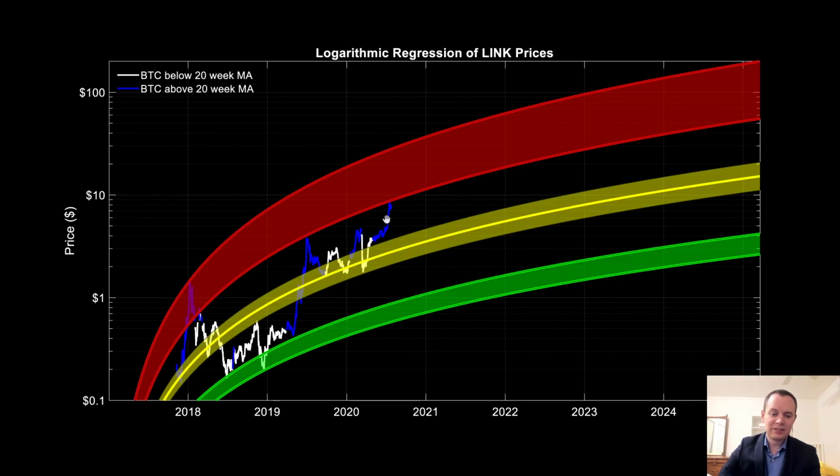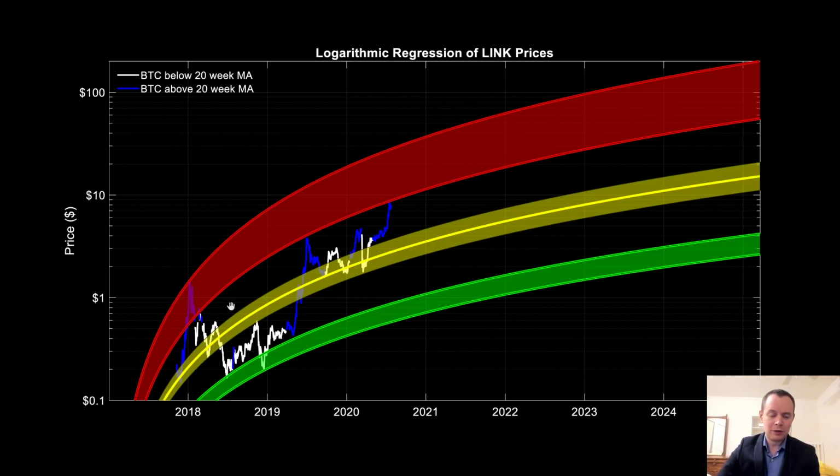So this has acted as, I think, a pretty nice region to see a pullback. It makes sense in terms of seeing that general regression band slowly moving up. It peaked here at around $4, here at around $8 to $9. But here, the nice thing, not right now, is, well, what if Bitcoin doesn't fall below the 20-week moving average?